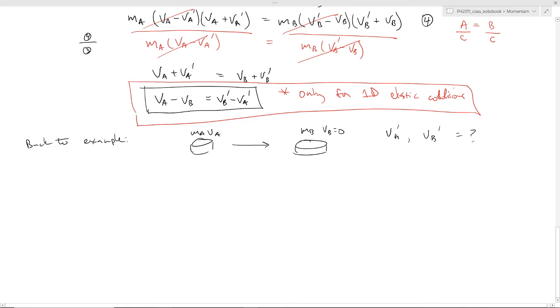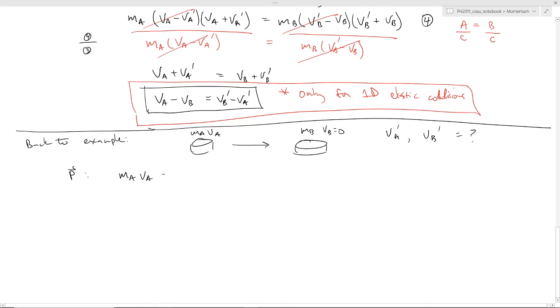Let's restate our momentum conservation expression. MA VA was going to have to equal MA VA prime plus MB VB prime.